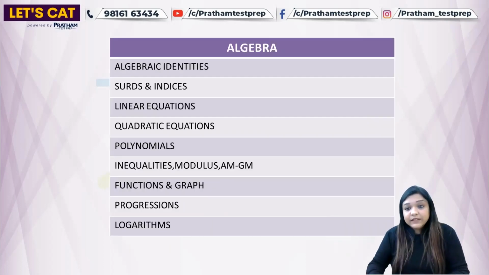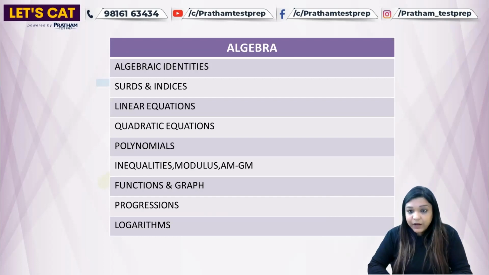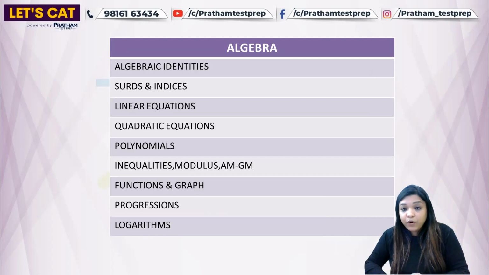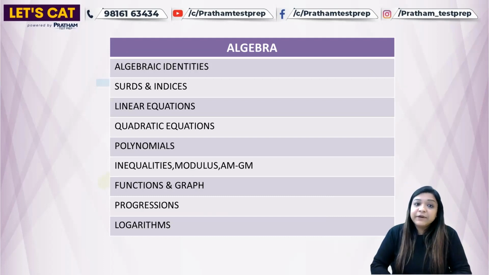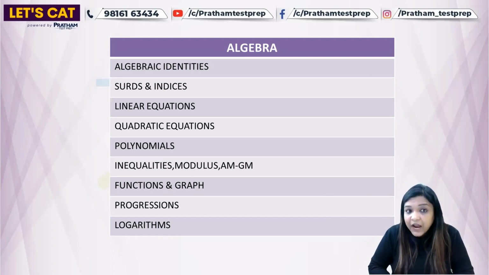Now, the second section after arithmetic is algebra, which is again very important. I would say this is the second most important, but arithmetic and algebra are at par, at equal levels. And what all subtopics does algebra have? Algebra has algebraic identities. It has surds and indices.